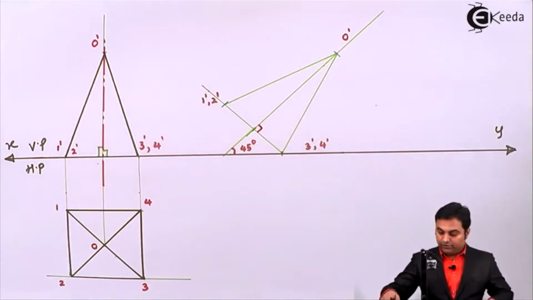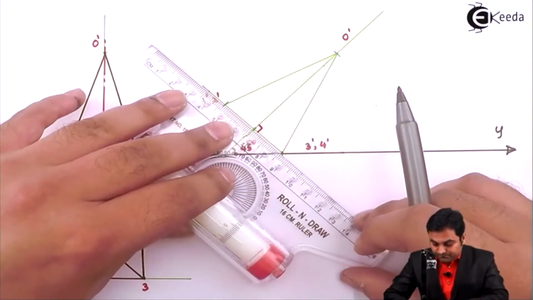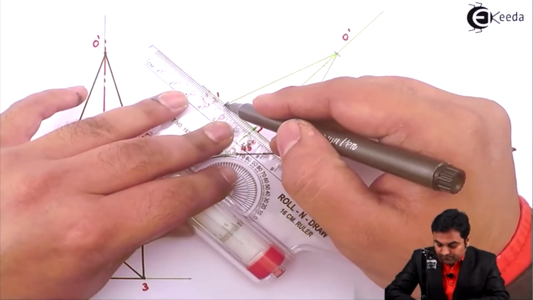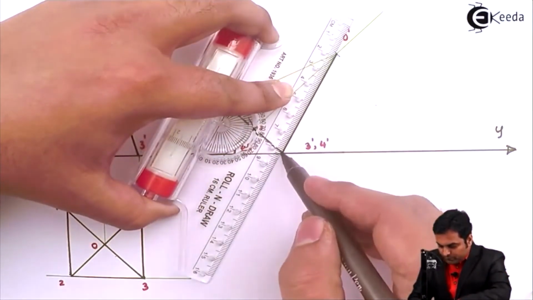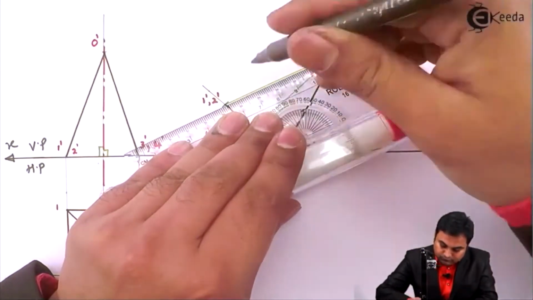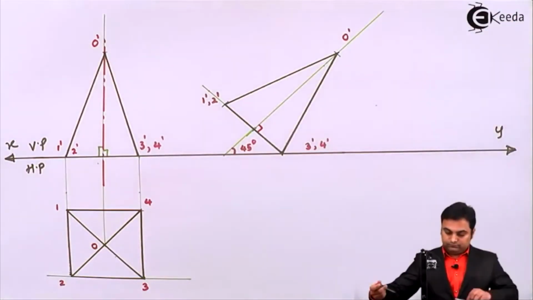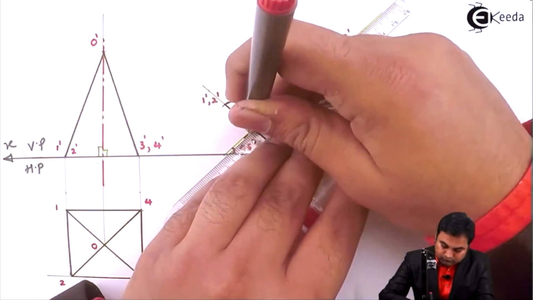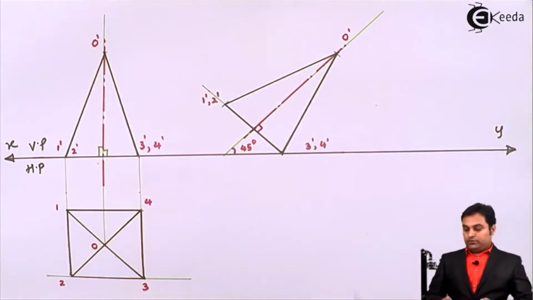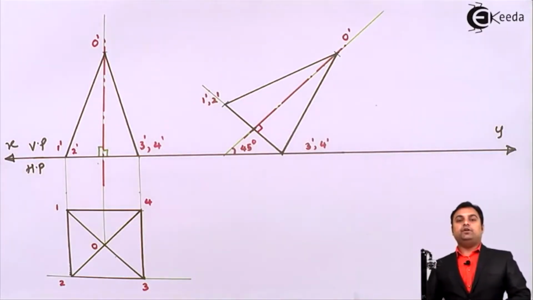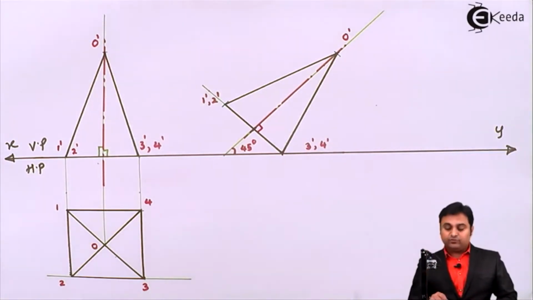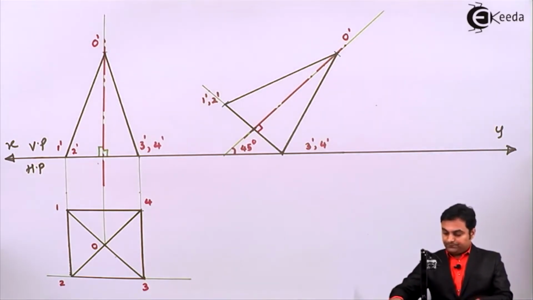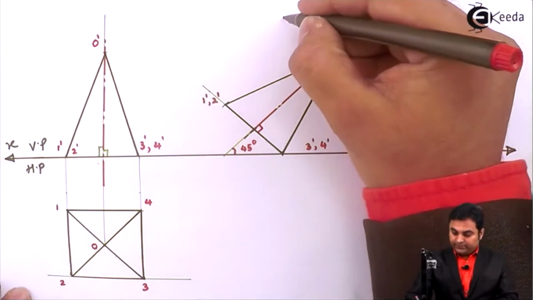Next, I'll draw it dark, making the edges dark. Next, here I have tilted the square pyramid, and this is the front view of that tilted pyramid. Next, I'll have to draw the top view. So for that, the observer is here.